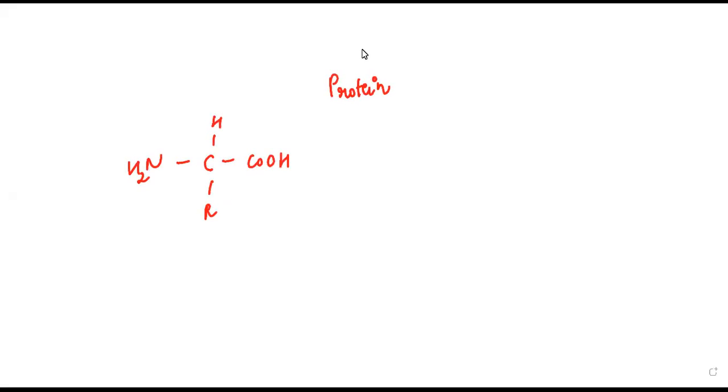And when the proteins are arranged in this form by the help of condensation reaction, means amino acid 1 plus amino acid 2 plus amino acid 3, it leads to the formation of peptide bond between them.